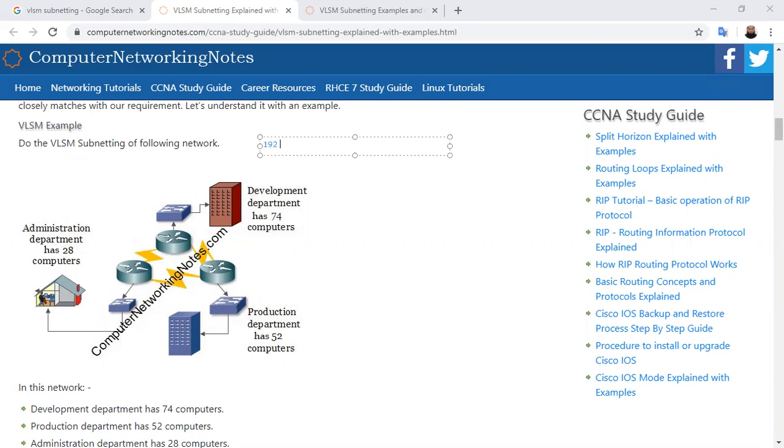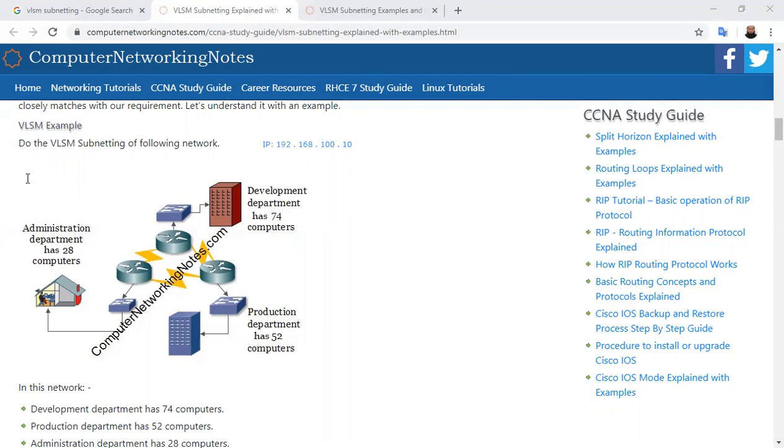In the administrative department, we need 28 computers.